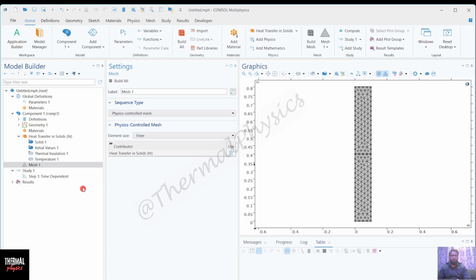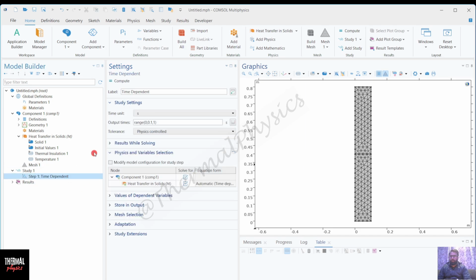So we have to find the optimum solution, which leads to the concept of something called grid independence test, or choosing the cell size, which is a different concept. We'll get there in later videos.